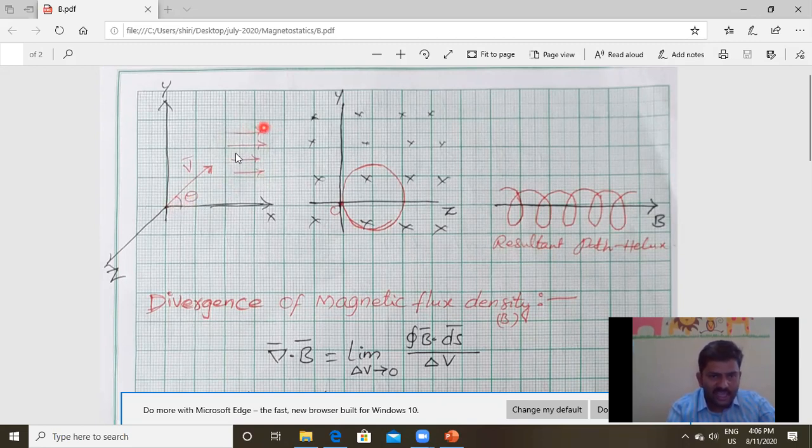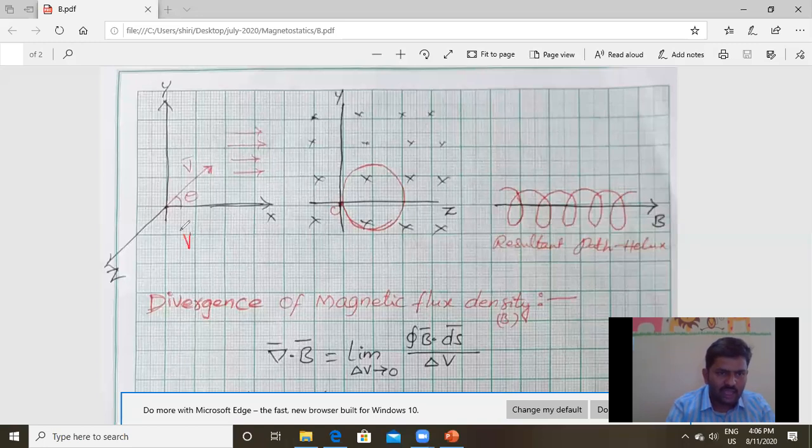That means along the x direction, the magnetic field is there. And velocity is in the xy plane. That means it has components along the x-axis as well as the y-axis. Now, first let us consider the velocity component along the y-axis.